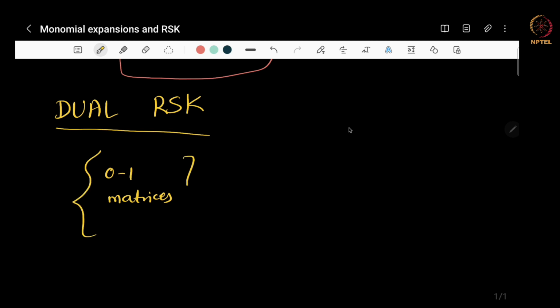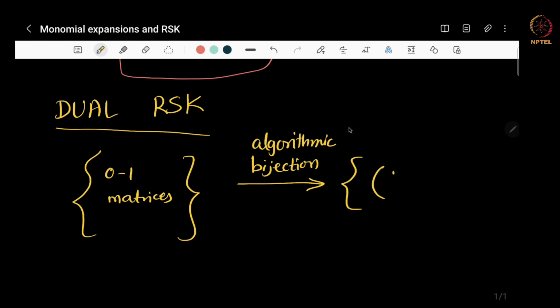So take the set of all 0, 1 matrices on the one hand. The dual RSK, you can think of it as an algorithmic bijection, which associates to a 0, 1 matrix, a matrix all of whose entries are zeros or ones, a pair of tableaux.